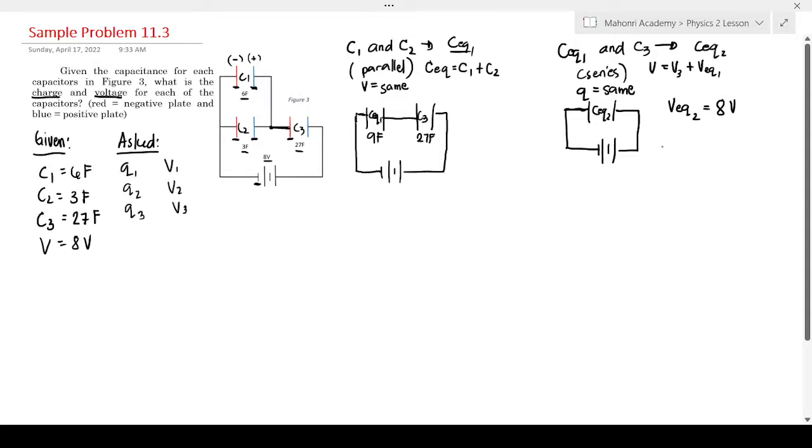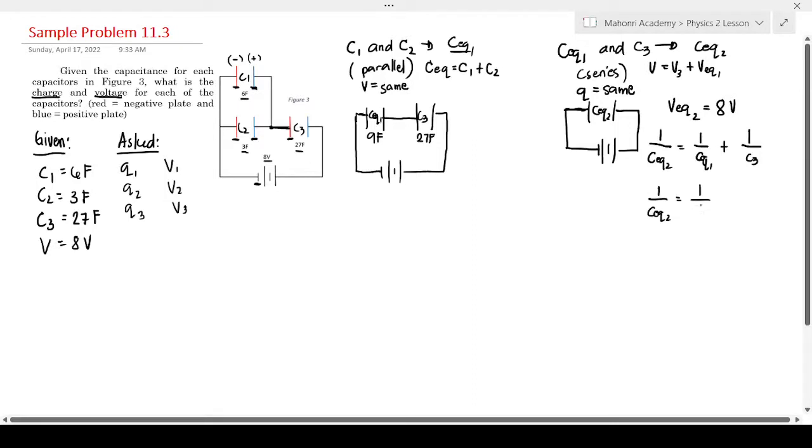So we will have 1 over CEQ2 equals 1 over CEQ1 plus 1 over C3. Solving that, 1 over CEQ2 equals, what is the capacitance of our CEQ1? That's 9 farads. Plus, what is the capacitance of our C3? That's 1 over 27 farads.